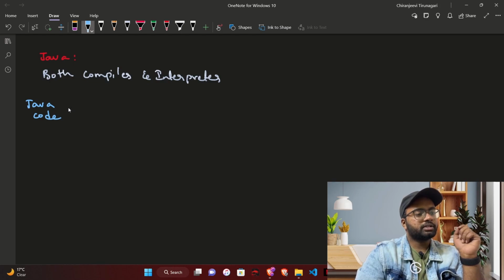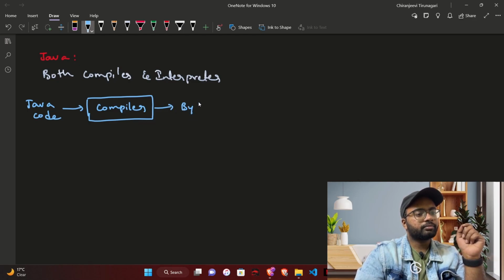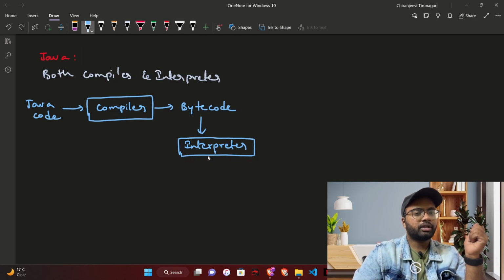What happens is this Java code first goes to the compiler, and this compiler converts the Java code into something called bytecode. This bytecode is then passed to the interpreter. And the interpreter works the way it works in the case of Python or JavaScript.